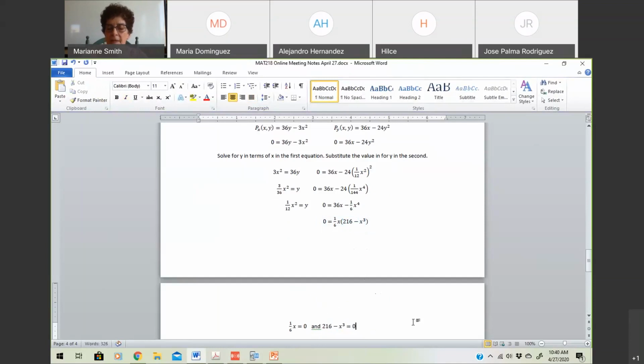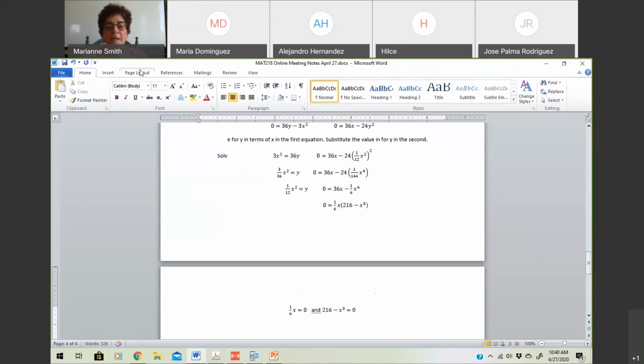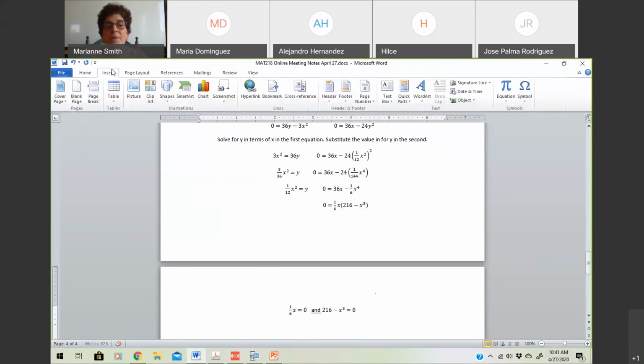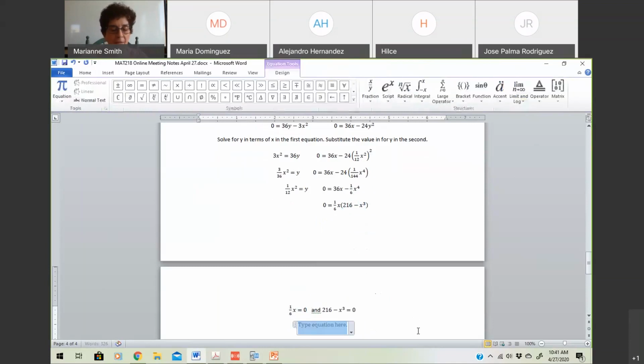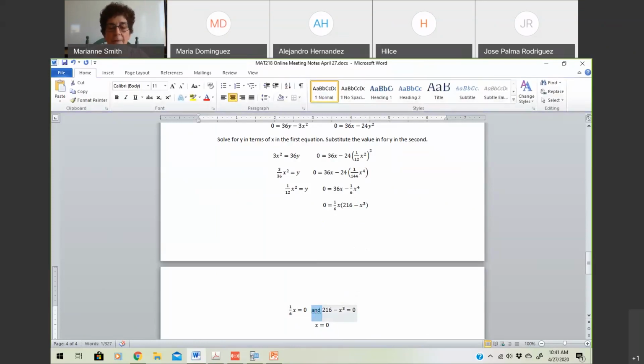So here's what I have. You can see here, if this is 0, I'm going to multiply both sides by 6, and I'm going to get x equals 0. Guess I should say not and, I should say or. And then I have 216 equals x cubed.